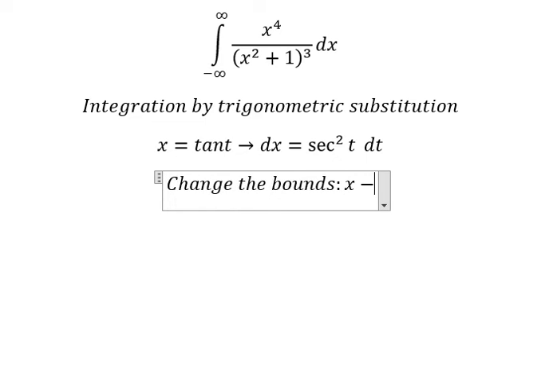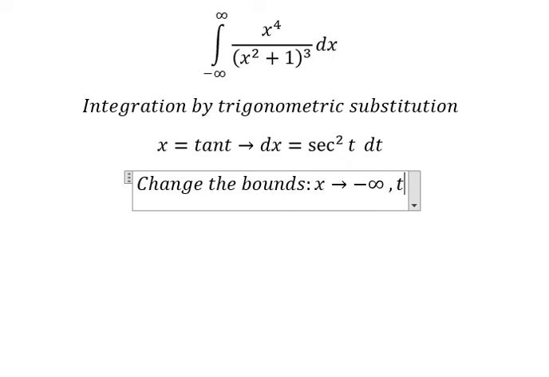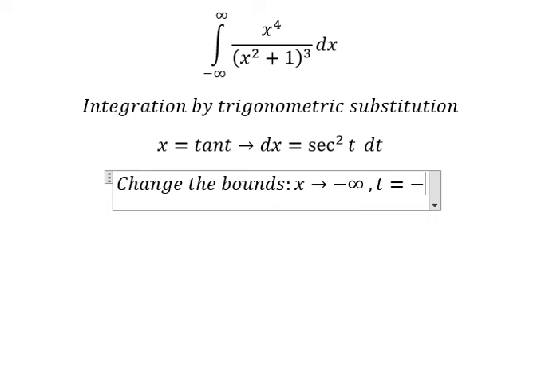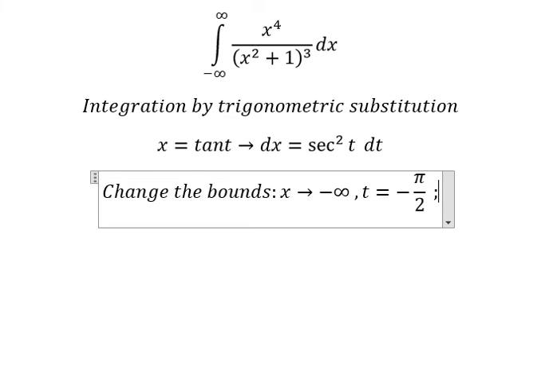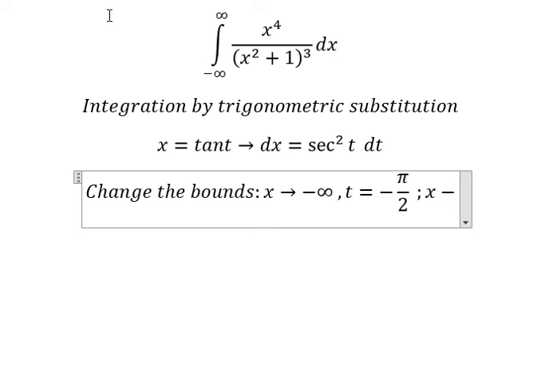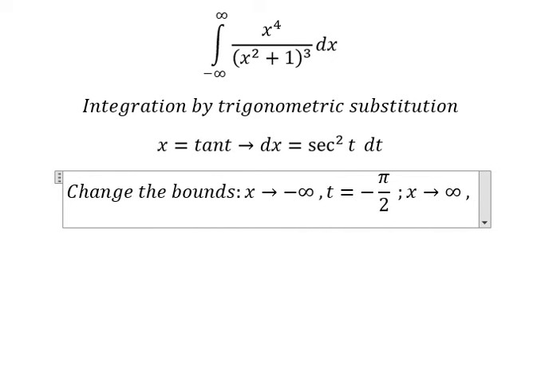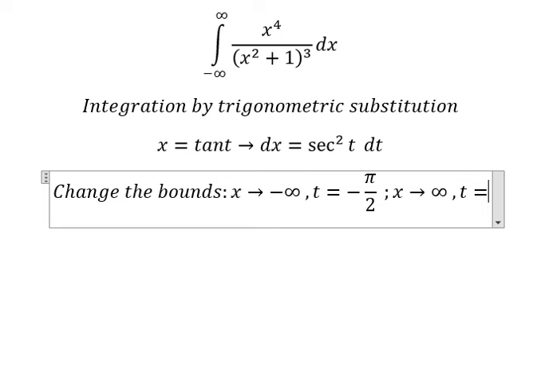When s approaches negative infinity, you will have t equals negative b over 2. If s approaches positive infinity, we have t equals b over 2.